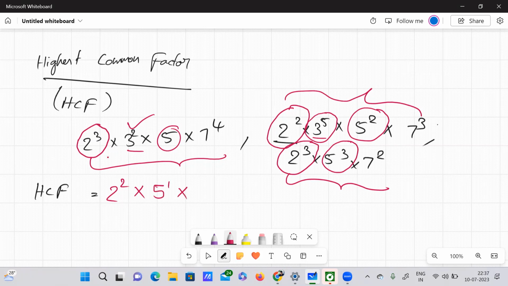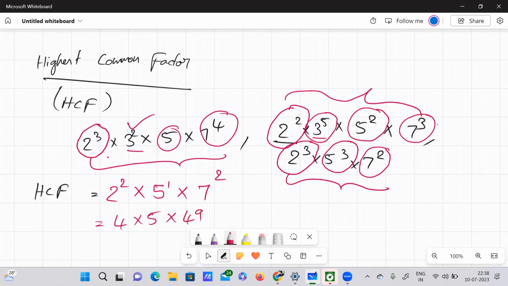Now what is the next number here? That is 7 to the power of 4, right? So what is the least power in each of these sets? 7 square is the least power, right? So we can at least expect 7 square in each of these three sets. Here also we can expect 7 square. Here also we can expect 7 square. In the sense, I'm taking 7 square here. So when you multiply, 2 2s are 4, 5, 7 7s are 49.